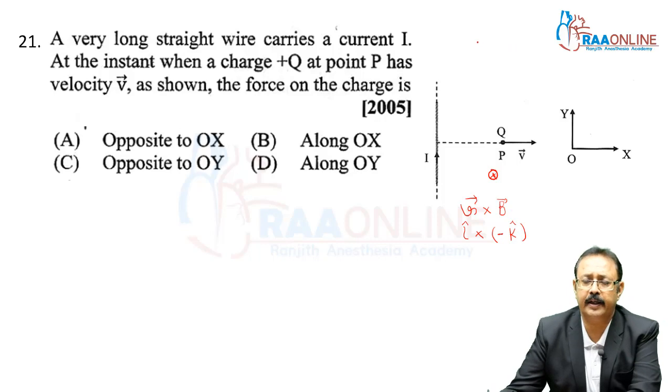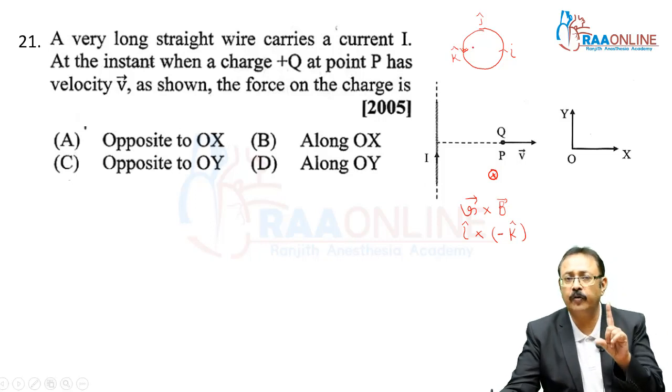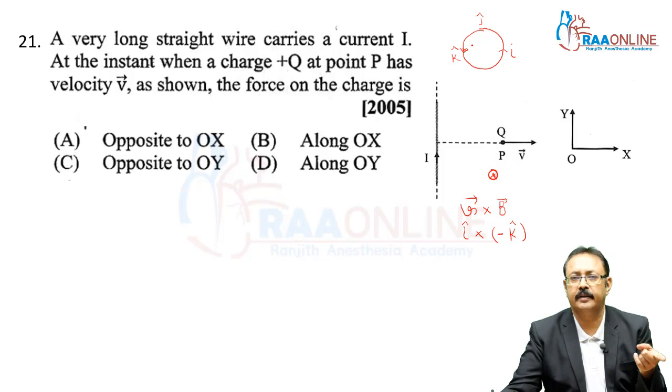Remember always in vectors, if you want to know i cross j, what you will get, make a circle and put in anti-clockwise direction i, j and k. If you are moving in anti-clockwise direction, the product of any two will give you the third.